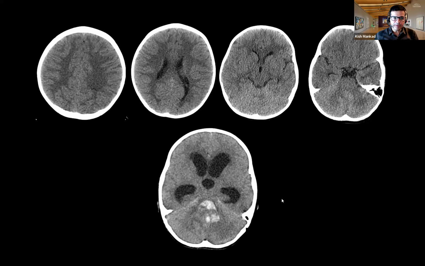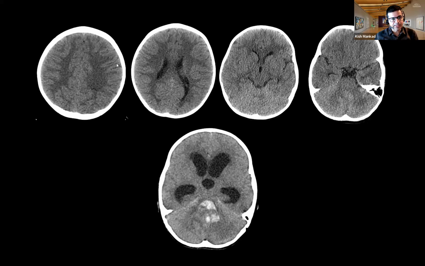So that is about ventricles, a little bit about axial imaging, gray white differentiation. And remember, you will not see a lot of sulcal spaces in children easily unless they are atrophic. And this particularly becomes even more difficult as they grow older because the brain tries to fill up the spaces given to it.